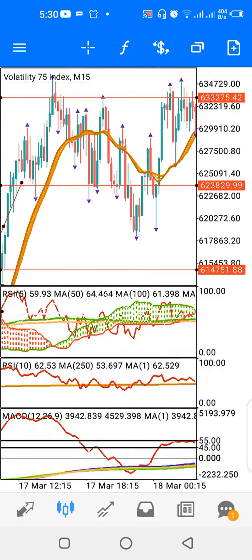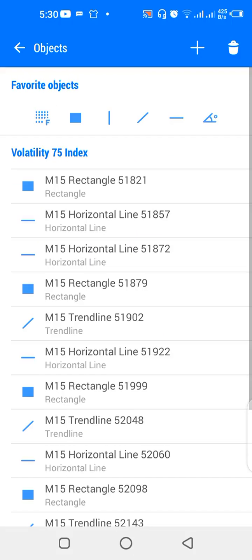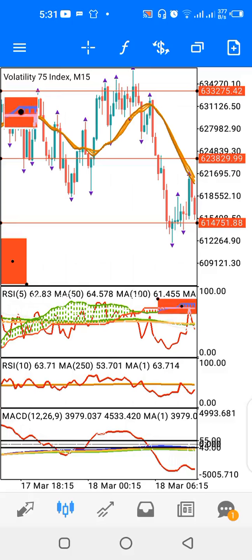When it crosses below, like this, the cross below, but it's a fake out. It didn't break out, it actually just tested below and then went up, but this is a proper cross below.